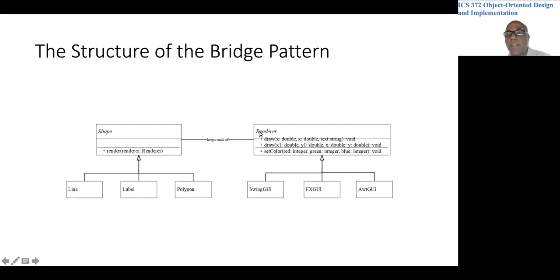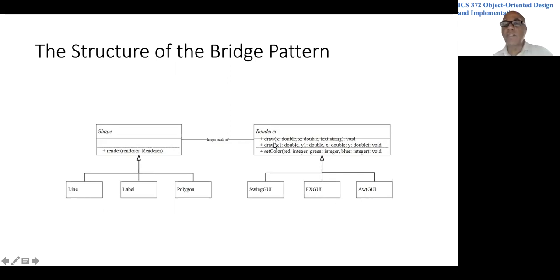It doesn't really matter that much, of type Renderer. So these are all abstract methods and implemented once for each technology. So there is one implementation of a renderer for Swing, one implementation of a renderer for FX, one for AWT.